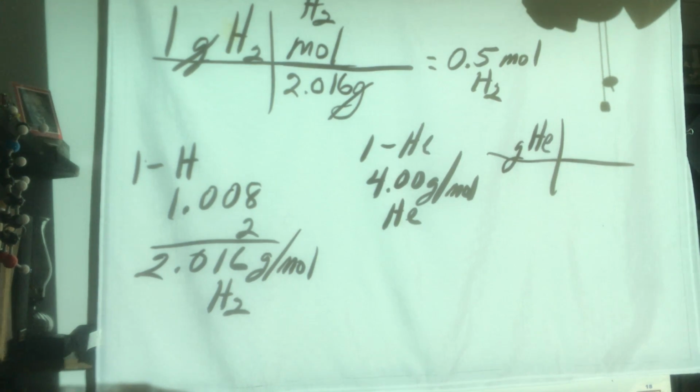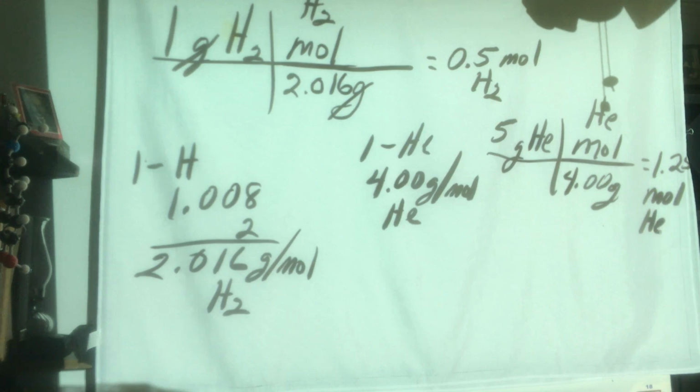So we're going to take the 5 grams of helium gas, and we have 4 grams per mole of helium gas, its molar mass, and 5 divided by 4 is 1.25 moles of helium gas, which gives us a mole total of 1.75 moles of gas in this mixture.